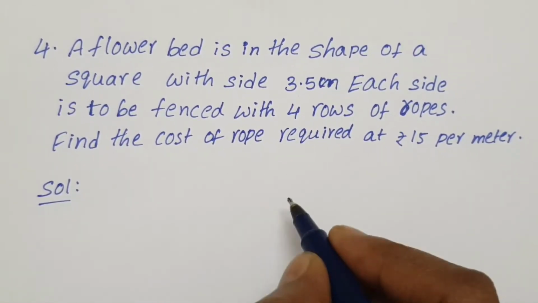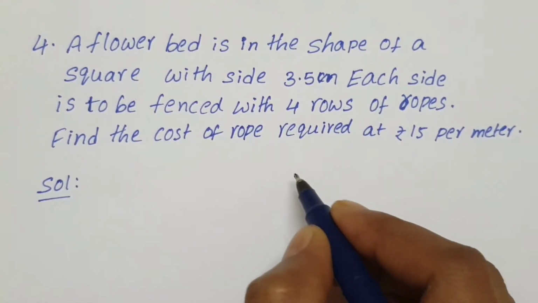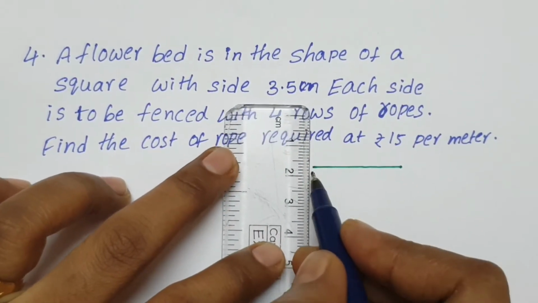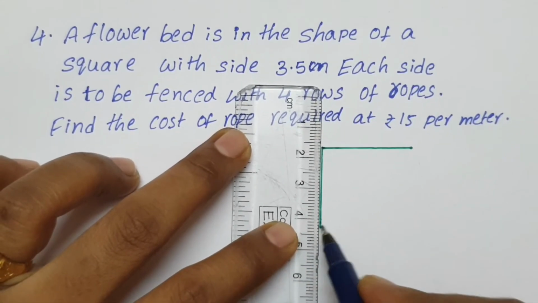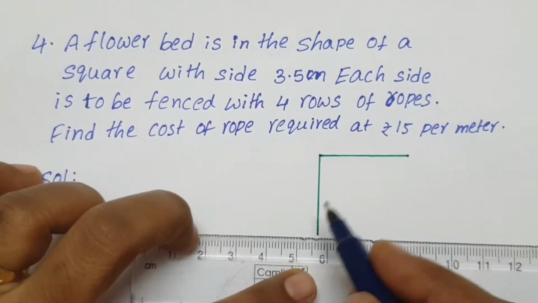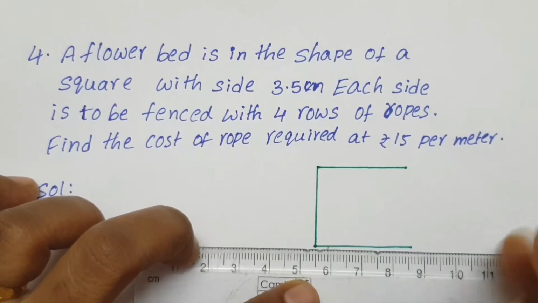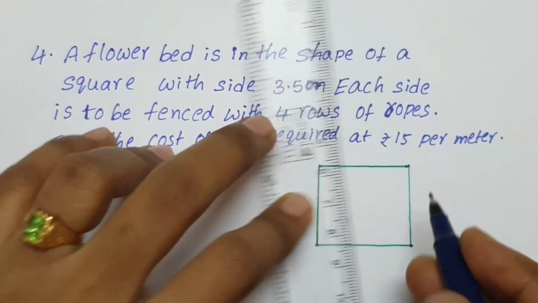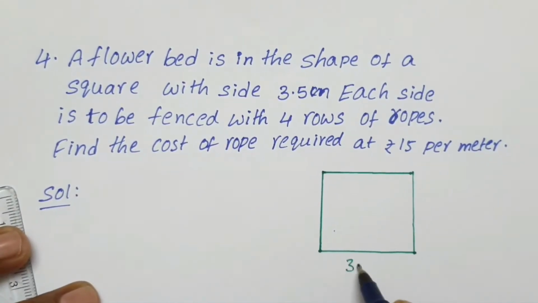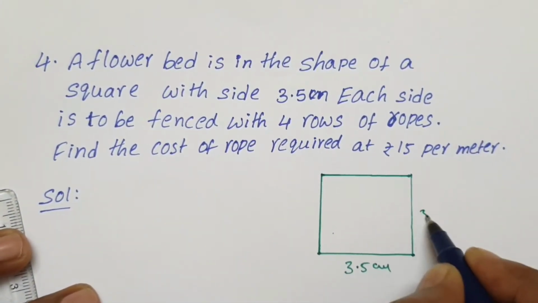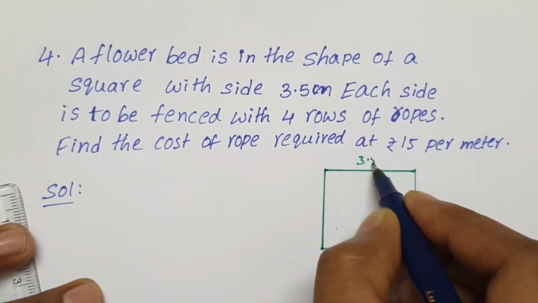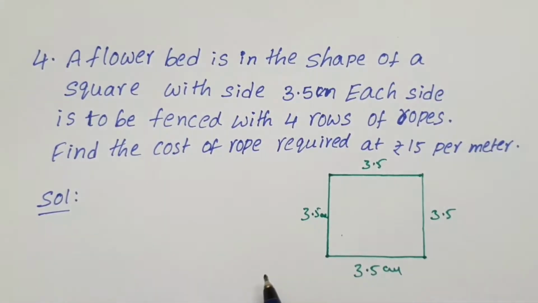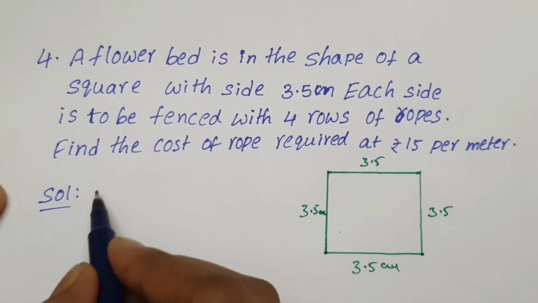Here we want to construct a square having side 3.5, the measure they given. We know that in a square all sides are equal: 3.5, 3.5, 3.5, 3.5.